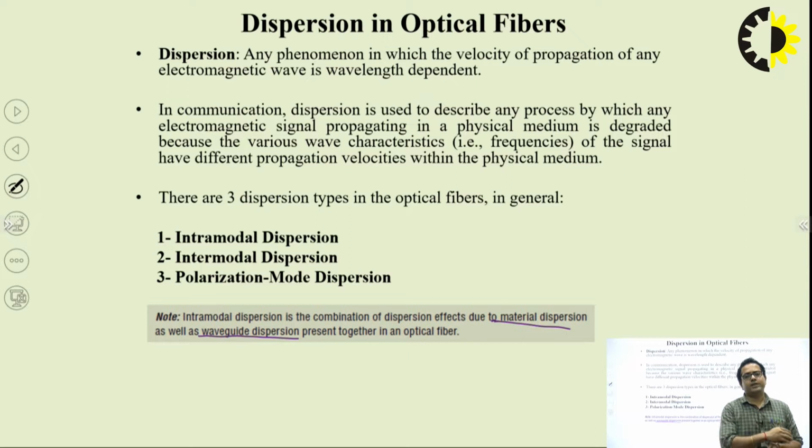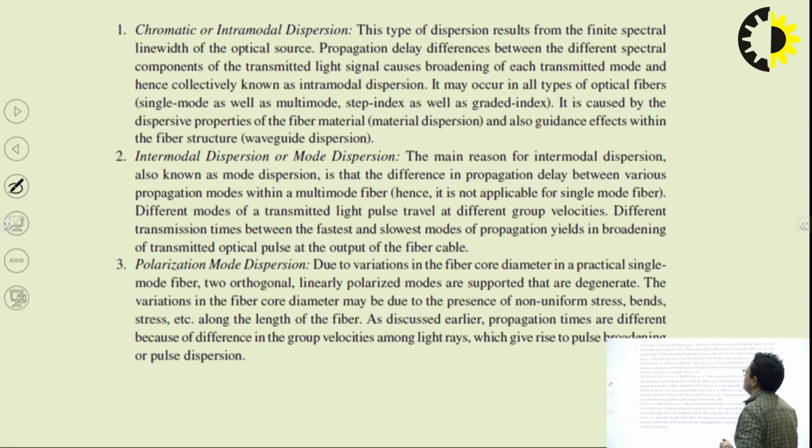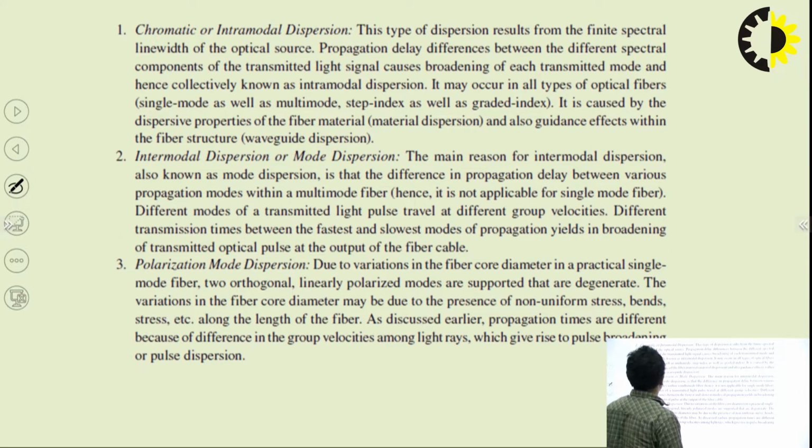If they travel with different velocities, definitely they are not going to arrive at the same time at the other end of the fiber. They will arrive at different instants of time, and this leads to a spreading of an optical pulse. So that is the concept of material dispersion. We have already dealt with these basic concepts.